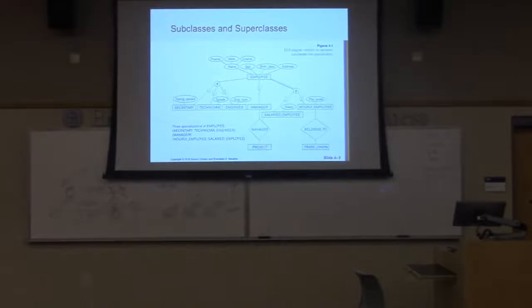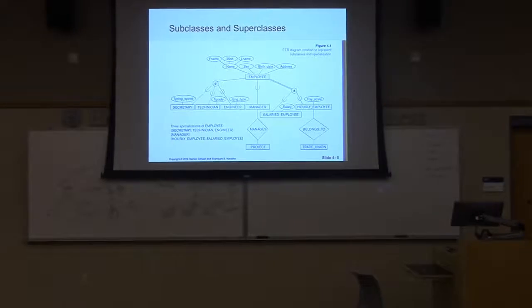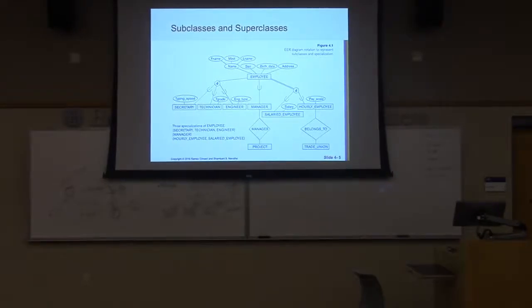So one is definitely employee. Another one is the project. The third one is trade union. And the hourly employee rate. Hourly employee, is it an entity or not? It's a part of employee. So what about the secretary, technician, engineer? They are also part of employee. Manager is also part of employee.